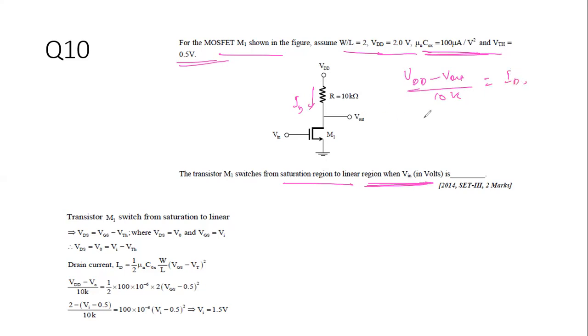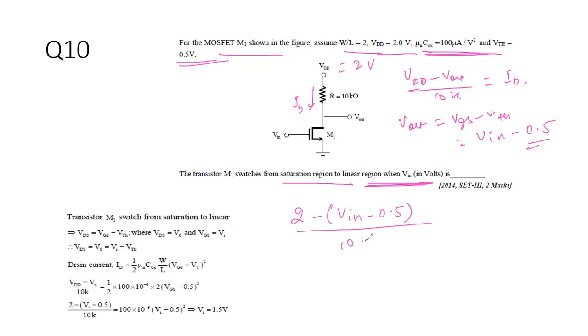Okay. Now V output is VGS minus VTH, that is V input minus VTH, which is 0.5 volt. Just put here VDD is 2 volt. So ID equals 2 minus (V input minus 0.5) upon 10K. This is also equal to mu n C oxide by 2 W by L into VGS minus VTH whole square.